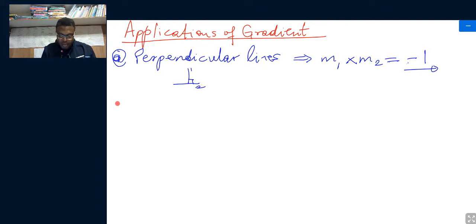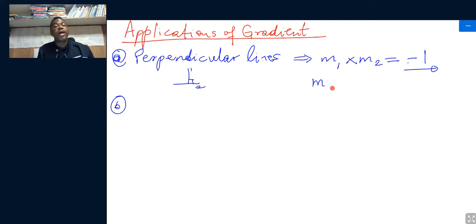The second application of the gradient, there are various things you can do here. You may also want to know, if they tell you that a particular line is perpendicular to a line with this gradient, they give you the value of the gradient. Let's say maybe they give you the gradient of line 2.